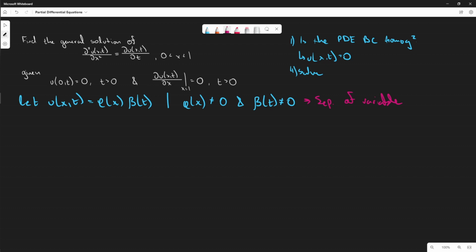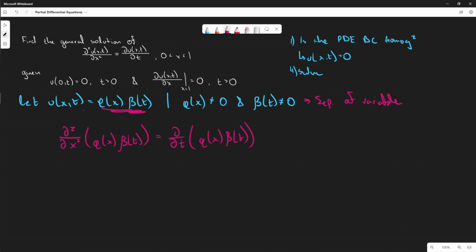We're now going to substitute this into the problem, and what we end up getting is the second partial derivative with respect to x of phi of x beta of t is equal to the partial derivative with respect to t of, that's rho, phi of x beta of t.